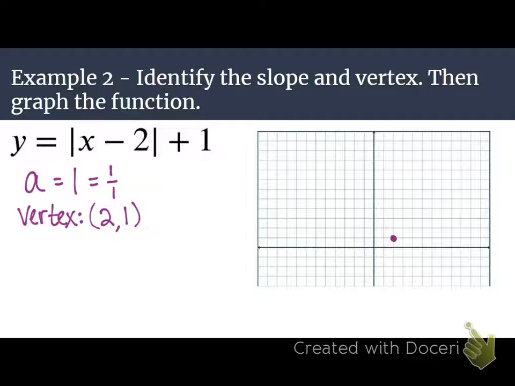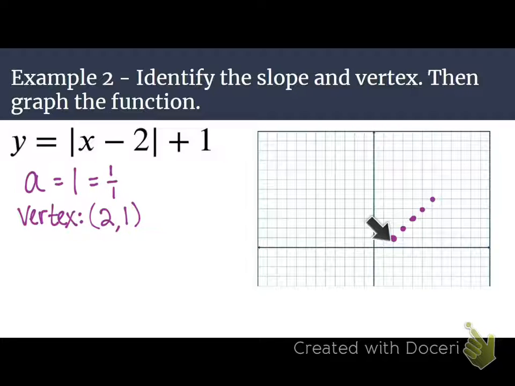Our slope tells us to start our V, we're going to go up 1 and to the right 1. And we should do that a few times to start our V. Now, to get the rest of our V, on the very first parent graph, we reflected it over the y-axis. That's not going to work here because our vertex needs to stay put.